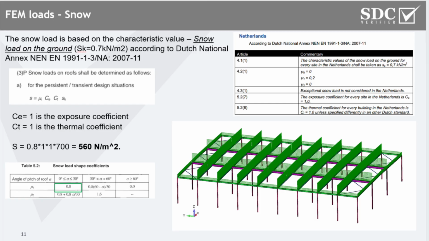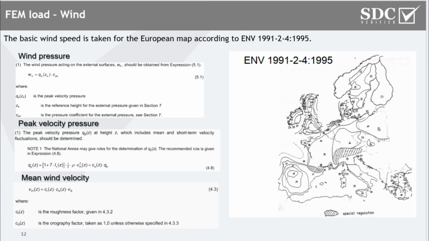This is the wind load. This is also a pretty complex load because it is based on the map of the basic wind speed depending on the country, and the load which should be applied to the model, like wind pressure, is based on the peak velocity pressure and mean wind load.